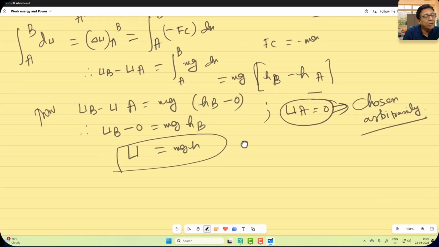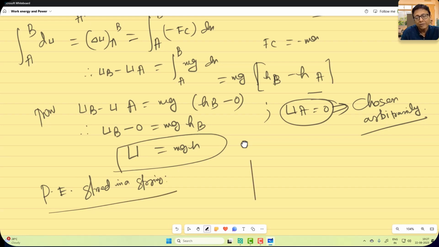For a spring, what happened? Potential energy is stored in a spring. Same concept, conservative force here also. This is the spring, force constant K, natural length L0. Applying a force, maybe compressive, maybe used for elongation.